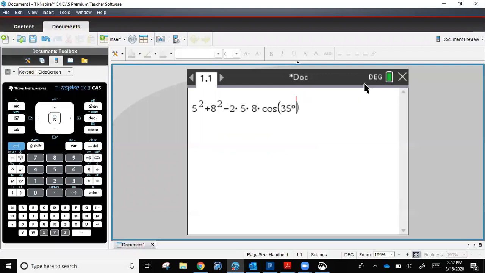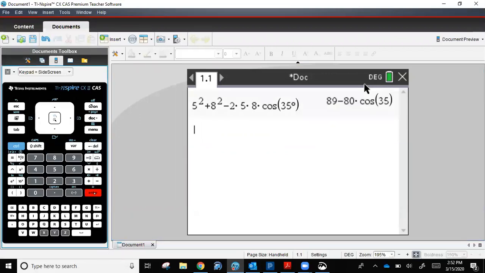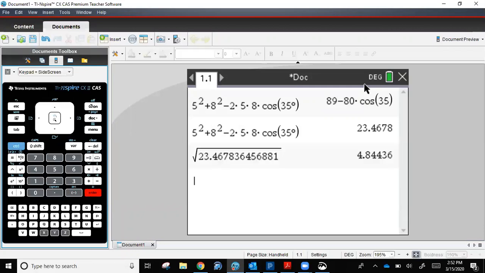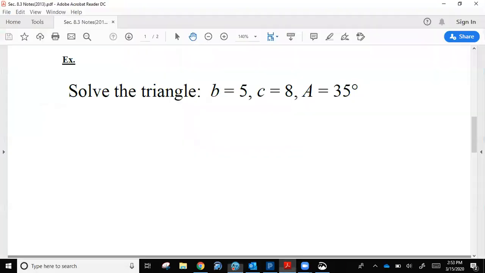I'm also in degree mode here. That gives me an answer of about 23.4678. So that's a squared. I want a, so I can take the square root of that answer, and you get about 4.8 for side A.